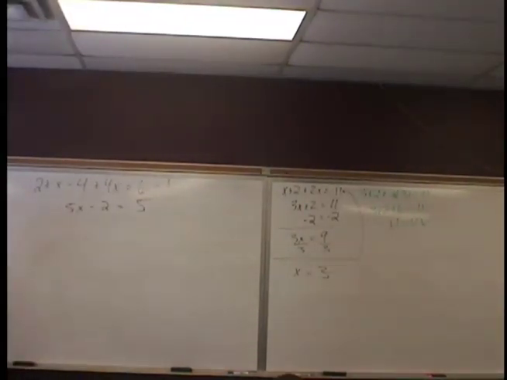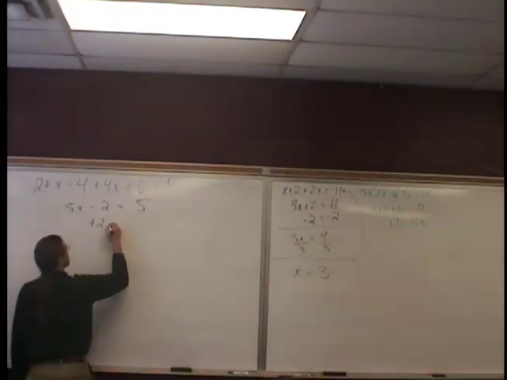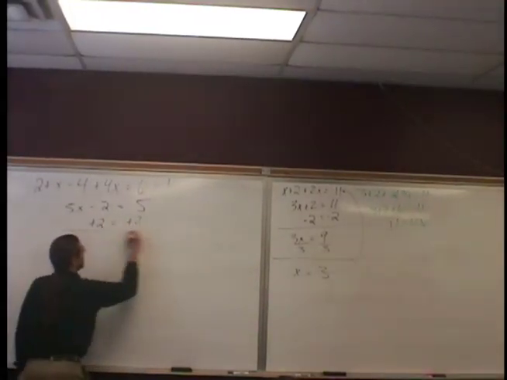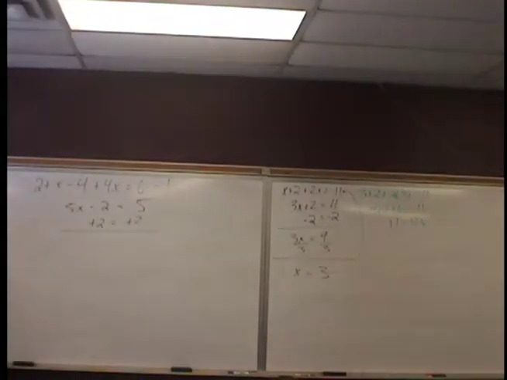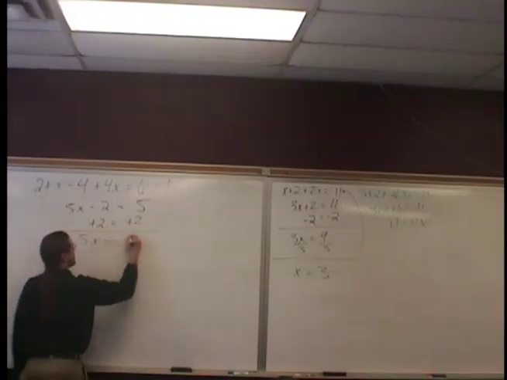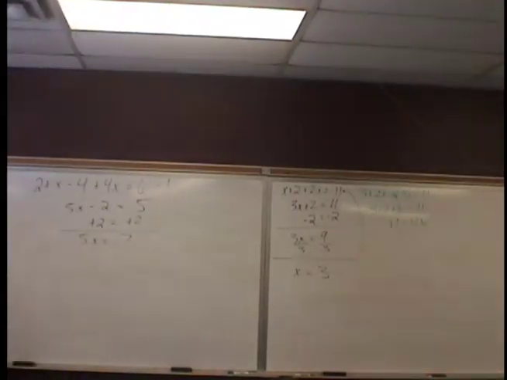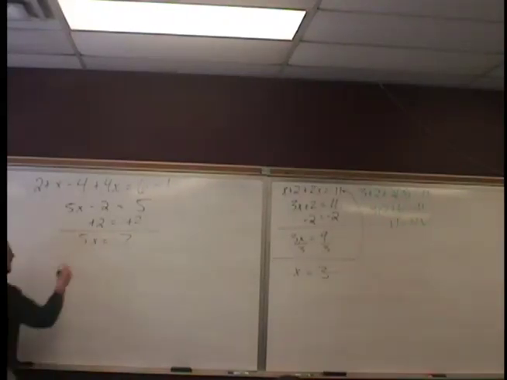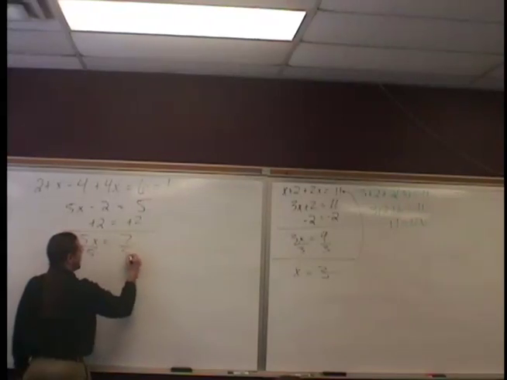Once you have everything combined, now start applying the rules. Okay? How do I undo subtraction? Plus. All right? This is multiplication. I need to get that x by itself. Divide by 5.